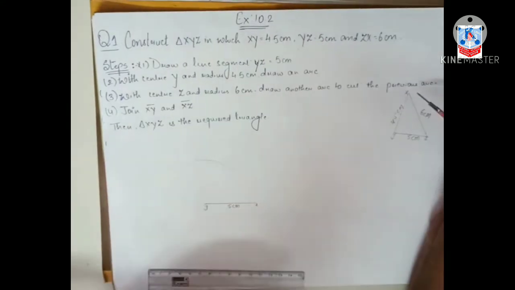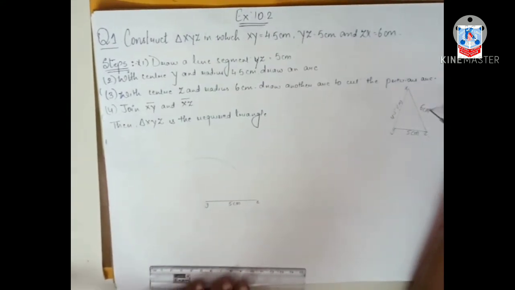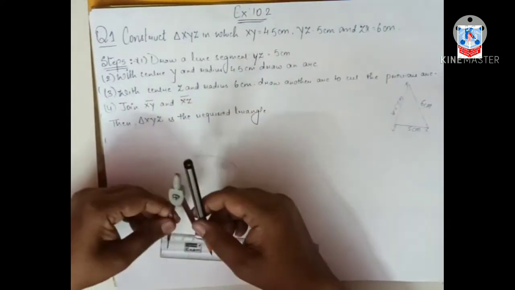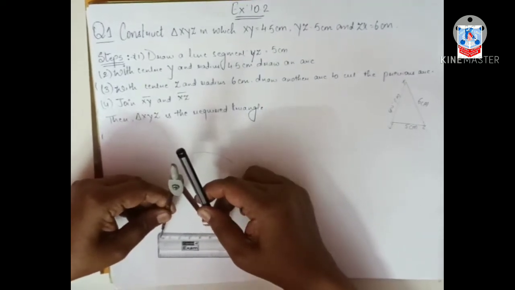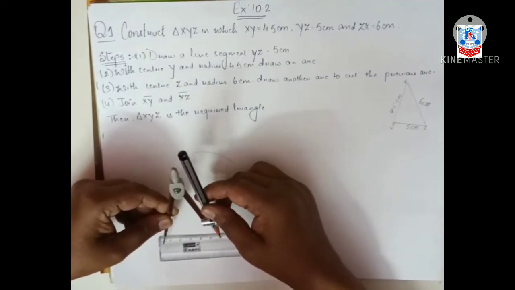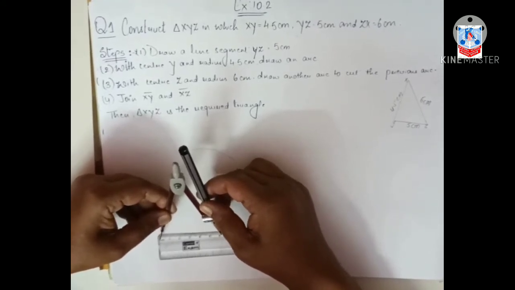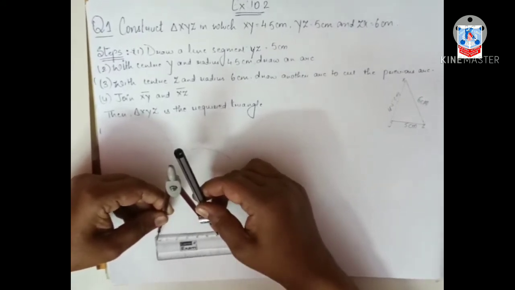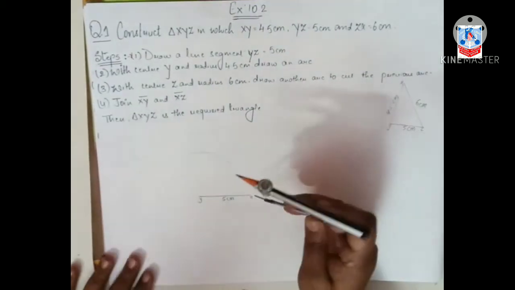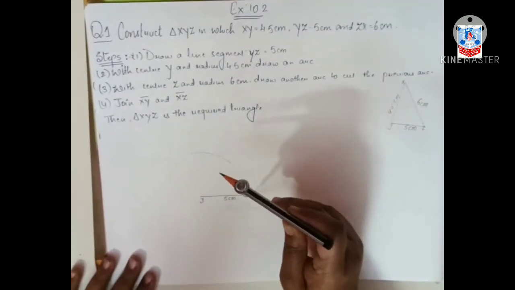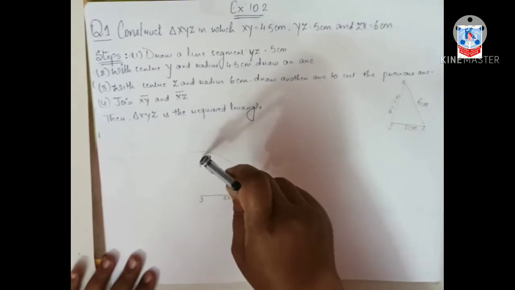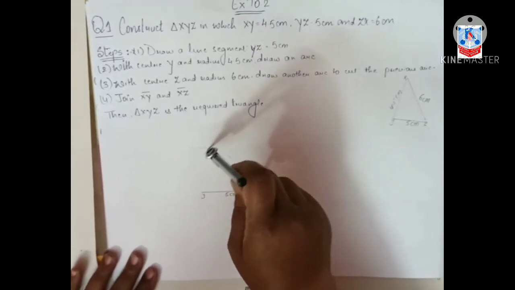Okay. Now the measure of XZ is 6 cm. Now again open your compass and take 6 cm. See. Now with center Z, draw an arc and cut the previous arc. See.